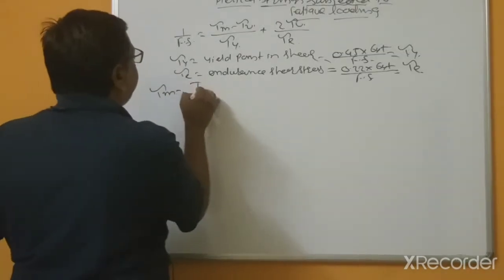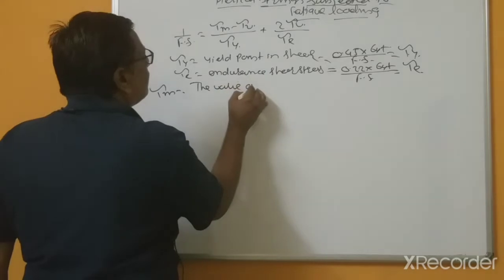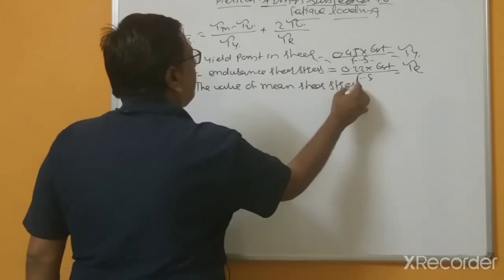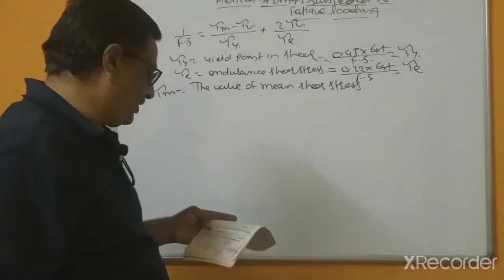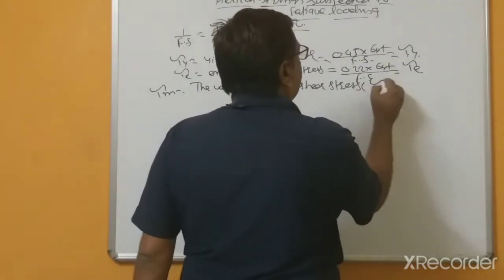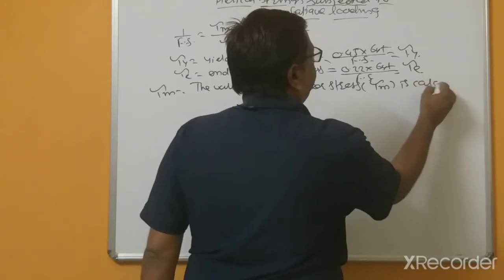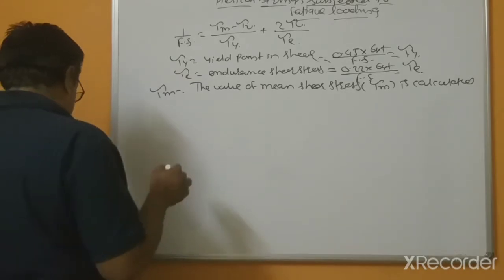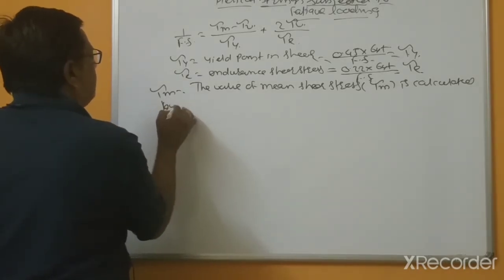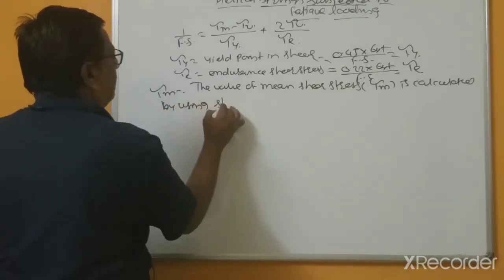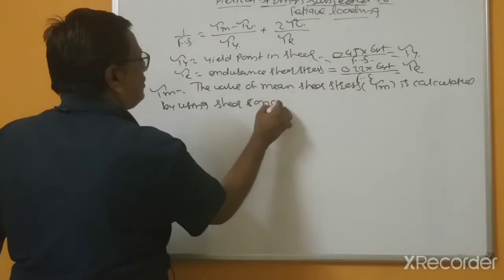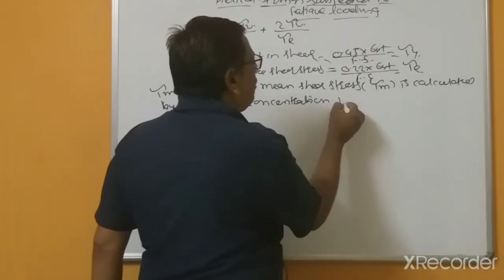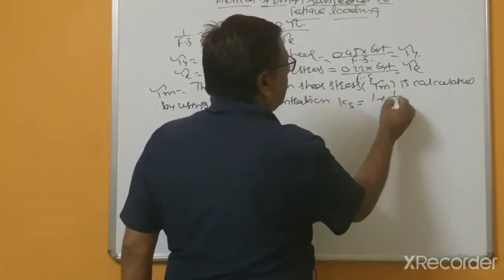So the value of the mean shear stress, tau m, is calculated based on the shear stress concentration factor, that is Ks equals 1 plus 1 divided by 2C.